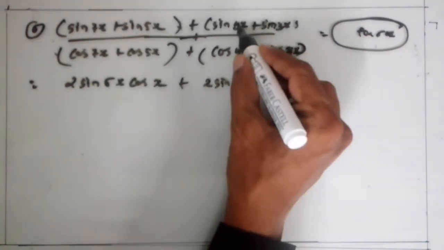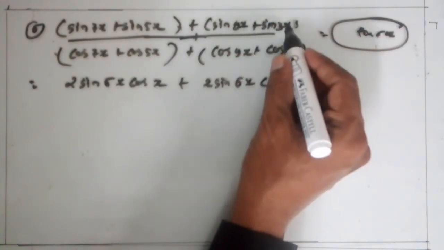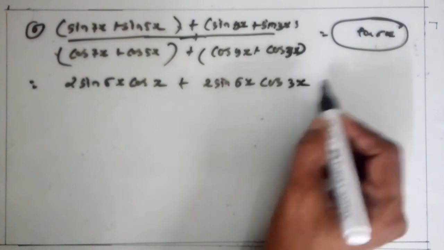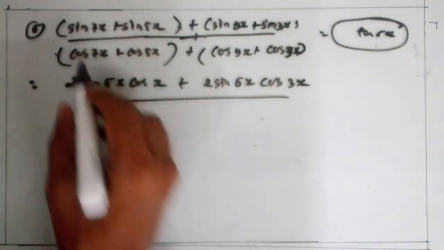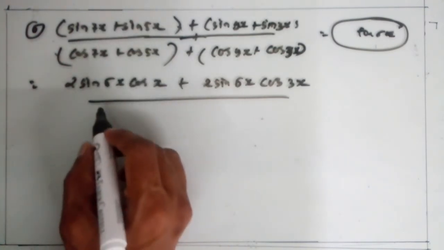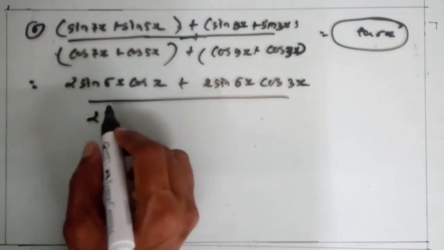cos (9x minus 3x), 6x upon 2, that is 3x, upon. Same for cos 7x plus cos 5x, which becomes 2cc.